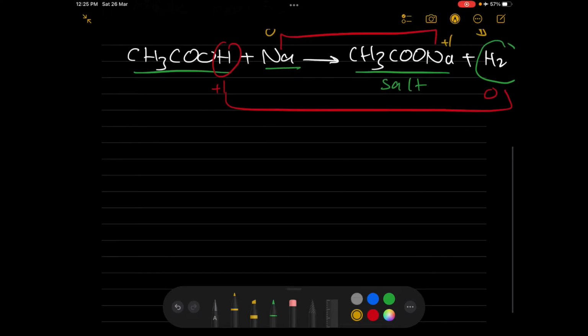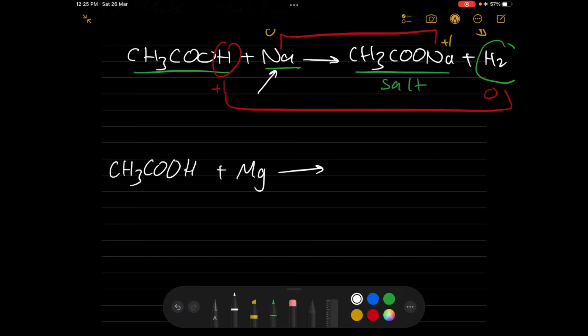Let's go to the second reaction of the carboxylic acids. Another thing you could put in your mind, you can make a reaction between carboxylic acid and another metal like magnesium, for example. The only difference in here is that magnesium has an oxidation number of +2 in general, okay? Then we can write the correct formula of your compound. The acid will lose hydrogen, and it becomes CH3COO negative, and here we have Mg during the reaction.